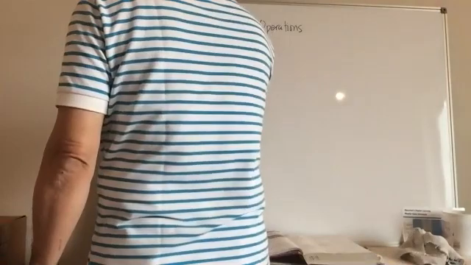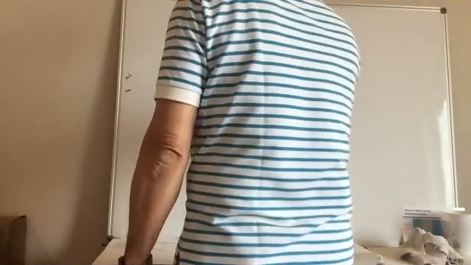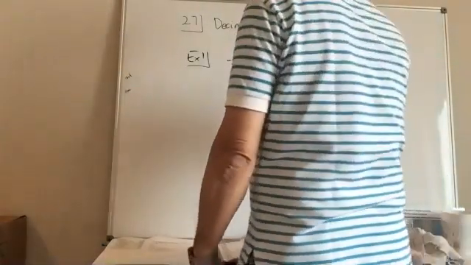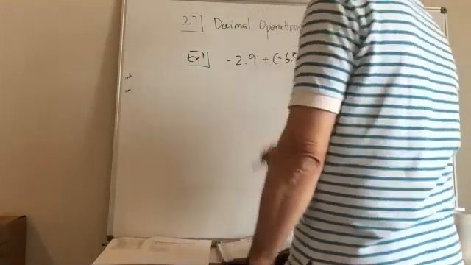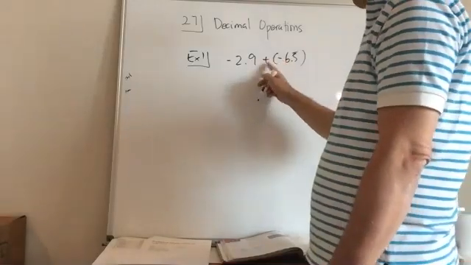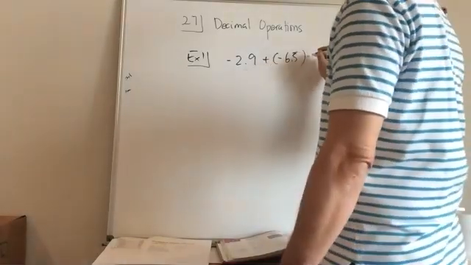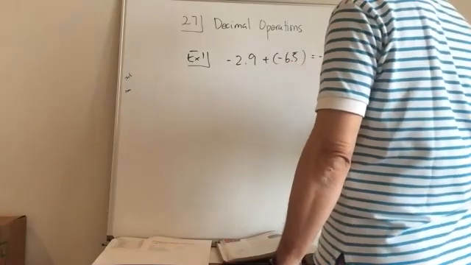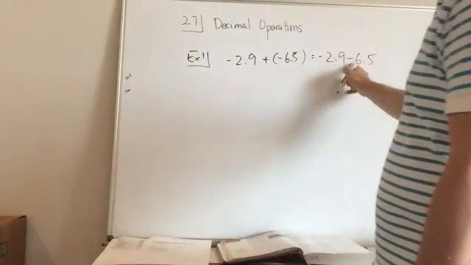Example number 1, find the sum. Says find the sum of negative 2.9 plus negative 6.5. Okay, so we're adding a negative, which ends up being a negative. So it's going to be minus 2.9 minus 6.5. Both of them are minus, right?